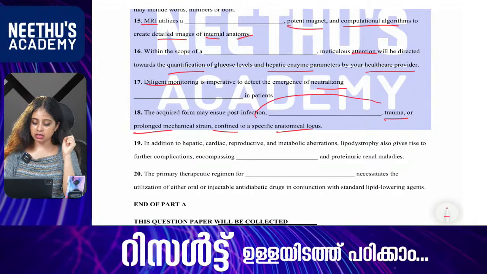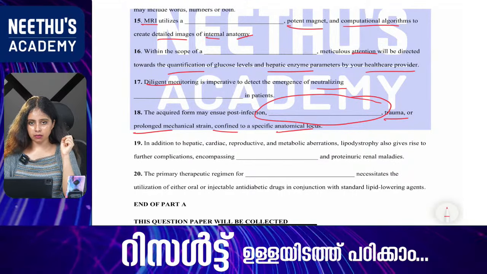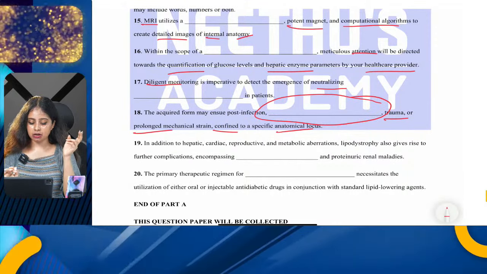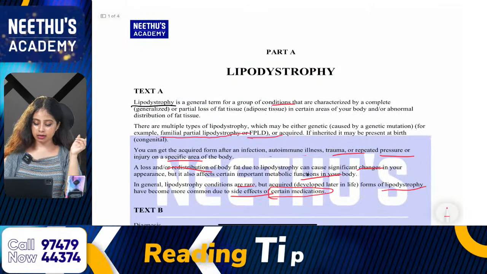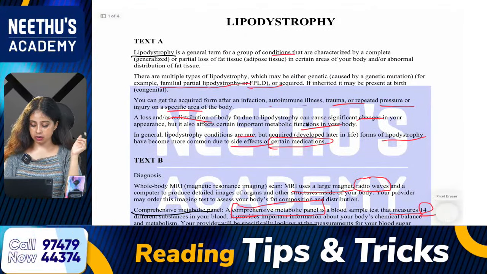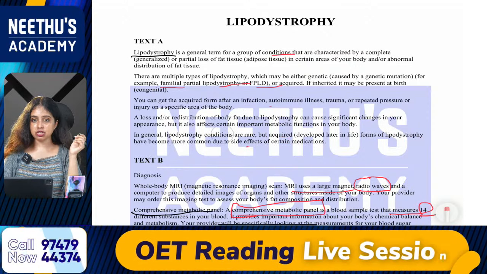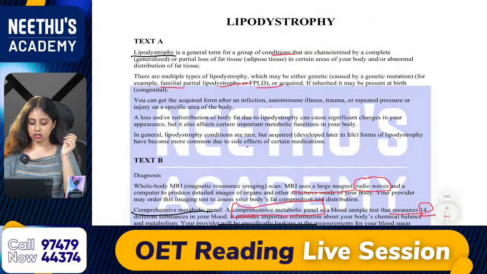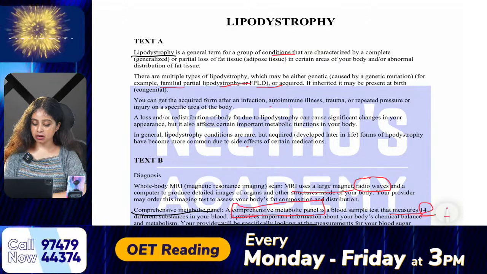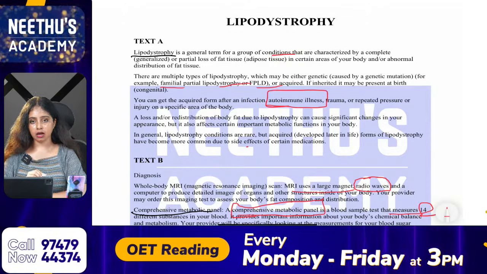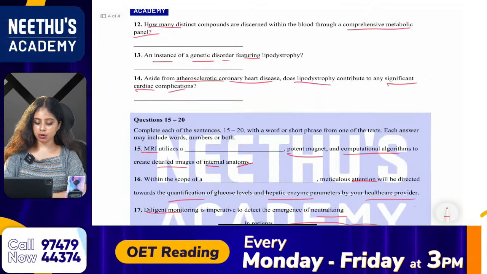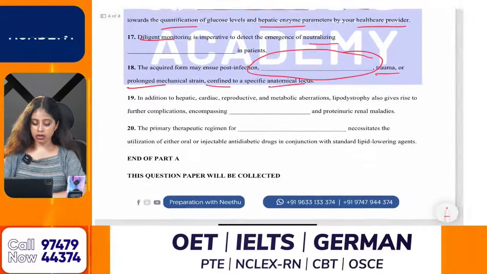So which is the missing word here? Post-infection dash trauma. The answer is in the first text, text A, third paragraph. They have mentioned a lot of things. So after infection, autoimmune illness is the answer. Answer is autoimmune illness.